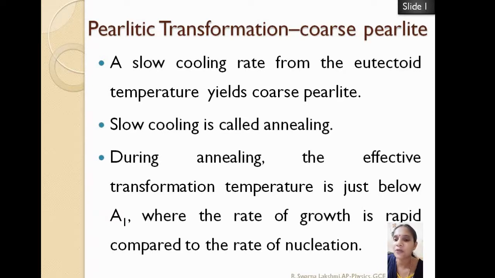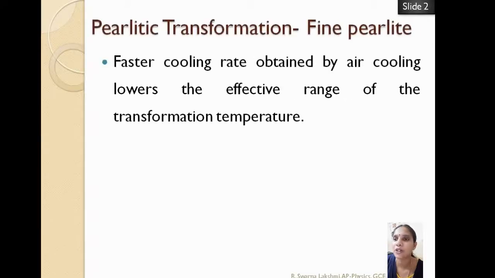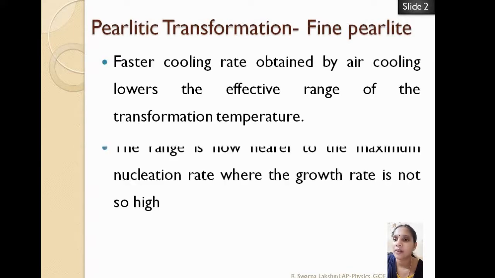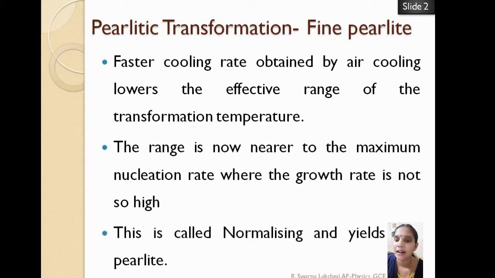So the effective transformation temperature is below A1 where the growth rate is rapid, and hence it is more compared to the nucleation rate, and coarse pearlite is formed. Whereas in case of normalizing, which is faster cooling, more nucleation occurs because the effective transformation temperature is lowered, and hence it yields fine pearlite.